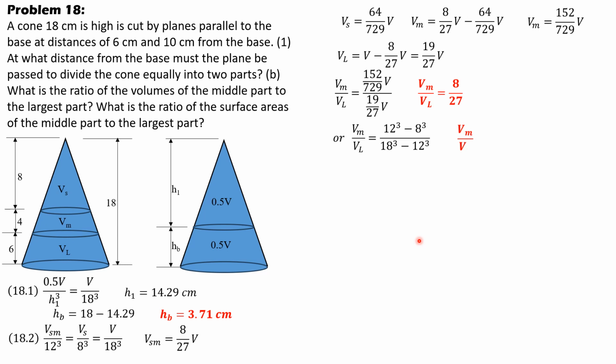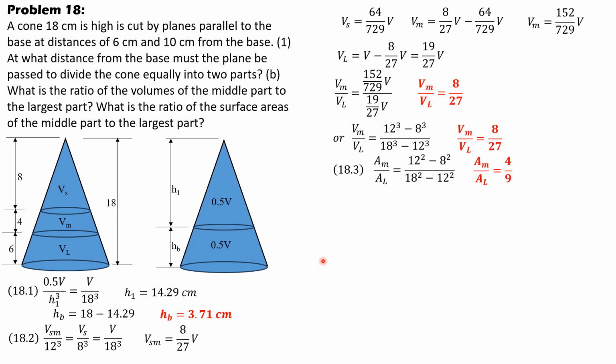The area of the middle part to the largest part is 12 squared minus 8 squared over 18 squared minus 12 squared. Using the same idea, the result would be the same as this, so it is equal to 4 over 9.